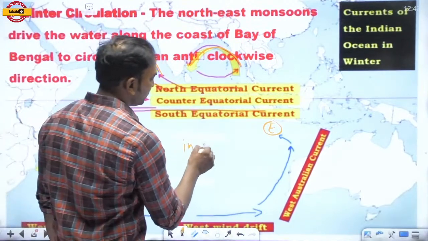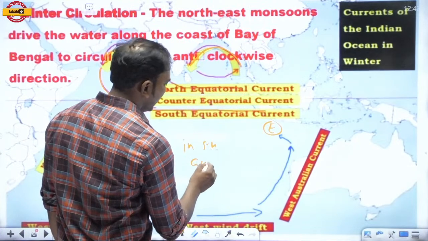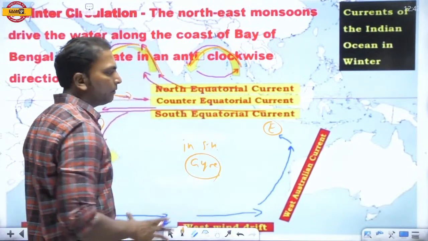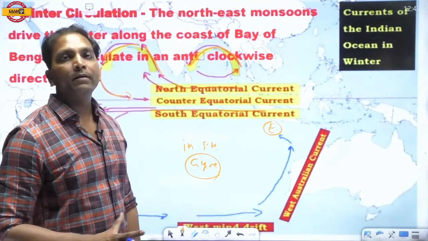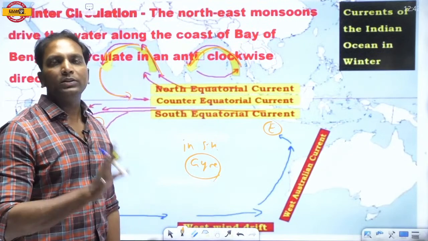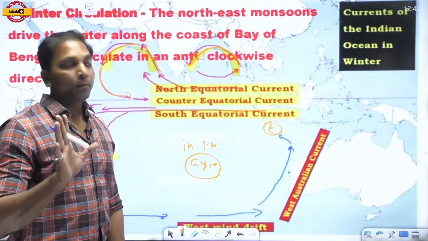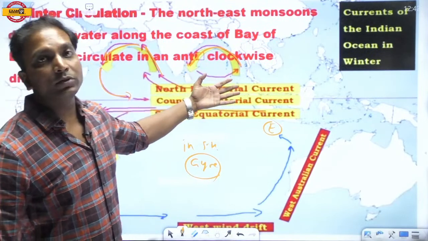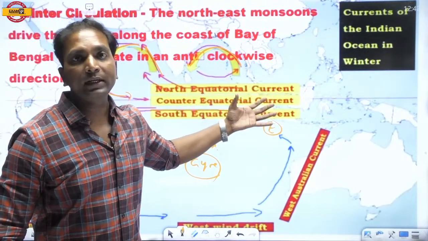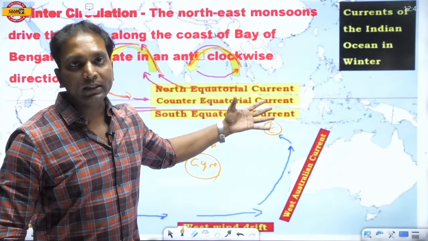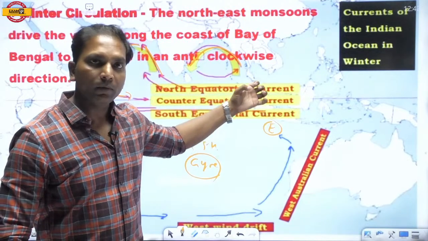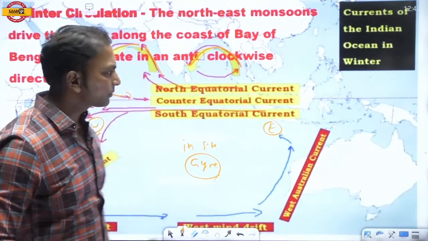So in the southern hemisphere, the gyre has completed and remains in the same anti-clockwise direction. But in the northern hemisphere, you see the changes of oceanic current directions because of the monsoonal winds.